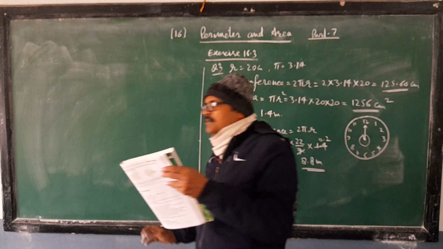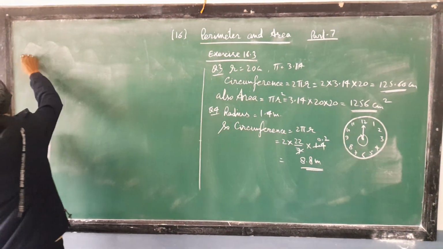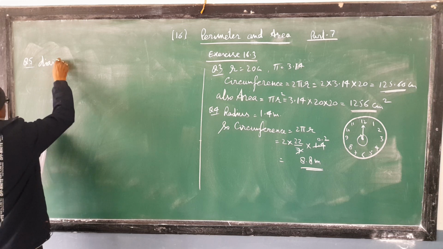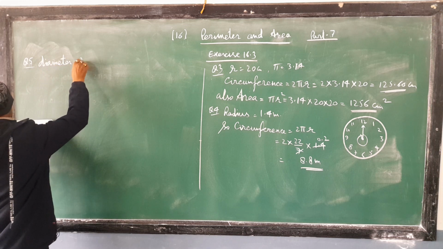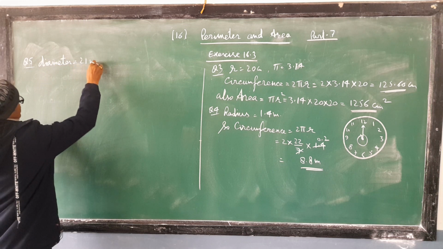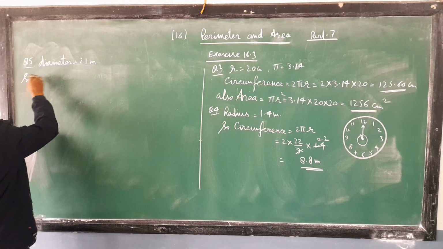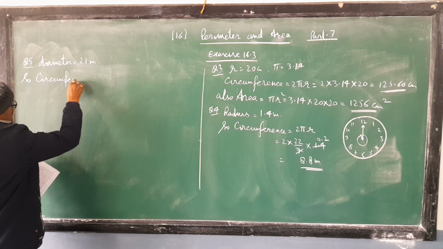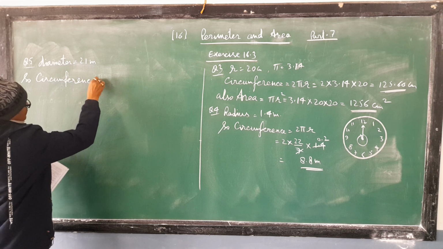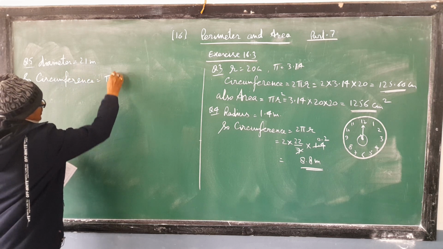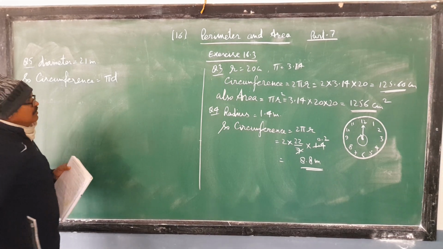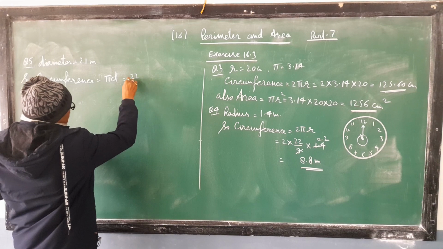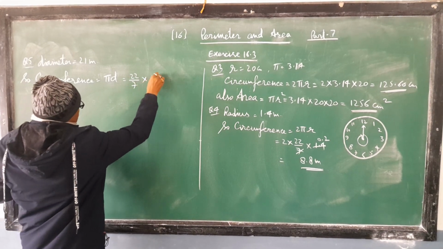Diameter is given, 21 meter. So circumference is pi d. This is also a formula. Pi into d, instead of 2 pi r, 22 by 7 into 21.